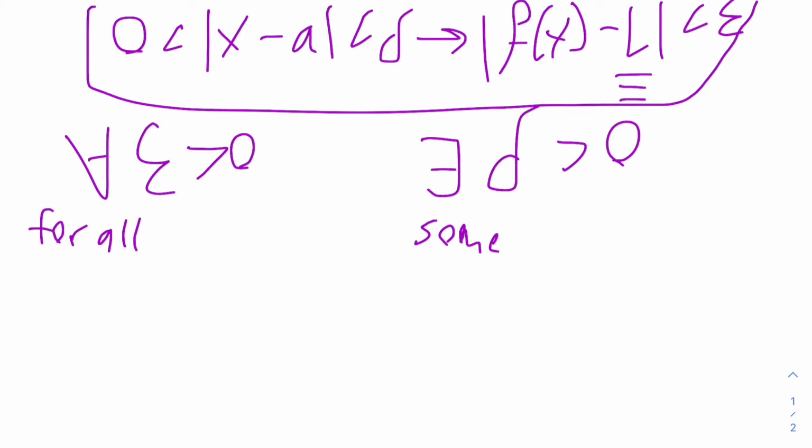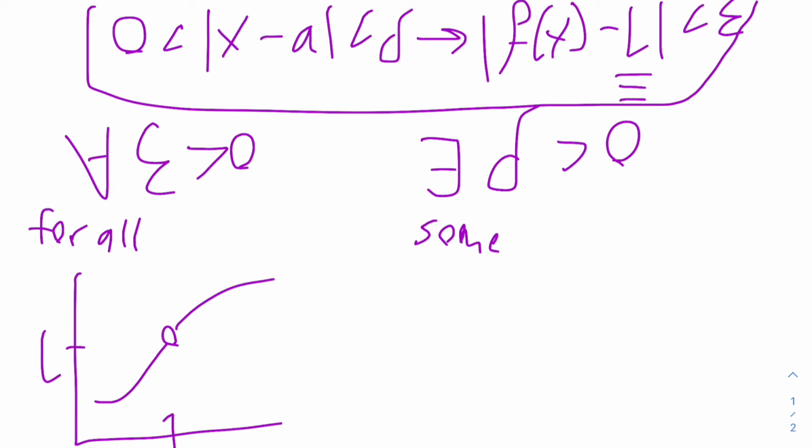Again, let's go back to the graph to get a better understanding. We have the graph, and we have our function once again, A, L, and let's say that our epsilon window is this, our delta window is this.